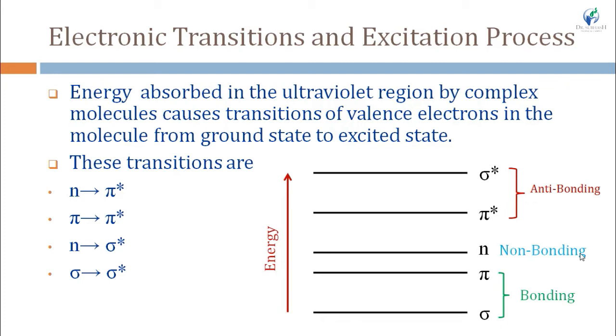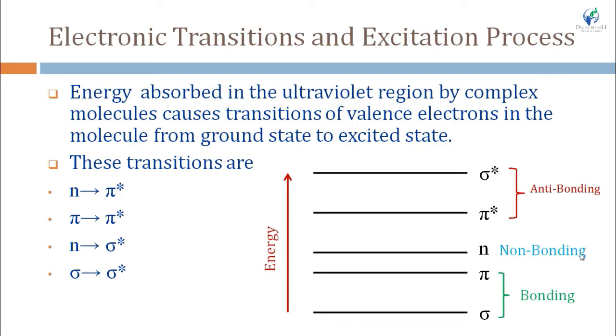To understand this transition and excitation process, first we will see the types of orbitals, which are bonding orbitals, anti-bonding orbitals and non-bonding orbitals. You have already seen this in basic organic chemistry. We will just revise here that bonding orbitals means sigma and pi orbitals, non-bonding orbitals means the n orbital, and anti-bonding orbitals means pi star and sigma star orbitals.